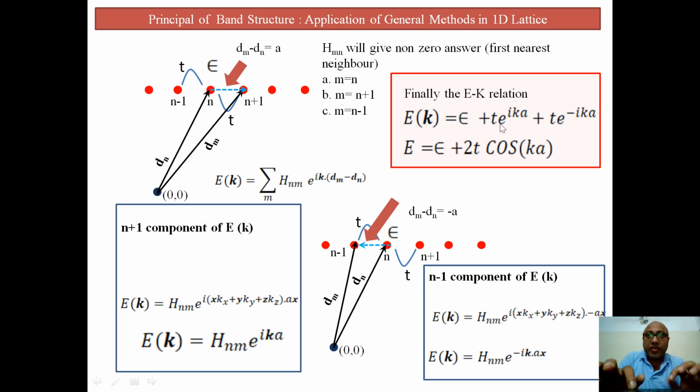For the h n m components, because of nearest neighbor interaction, the component of the H matrix for nearest neighbor interaction you can put as t. So t e to the power ik is the n plus 1 component. Similarly, t e to the power ik.